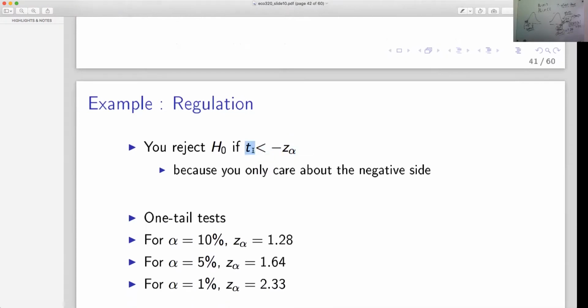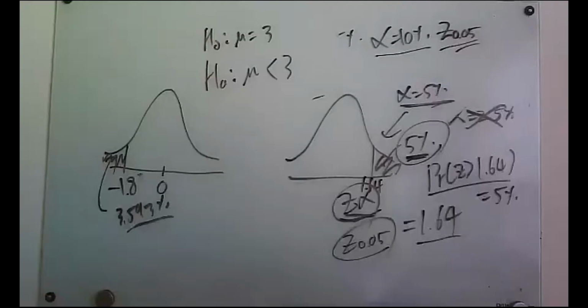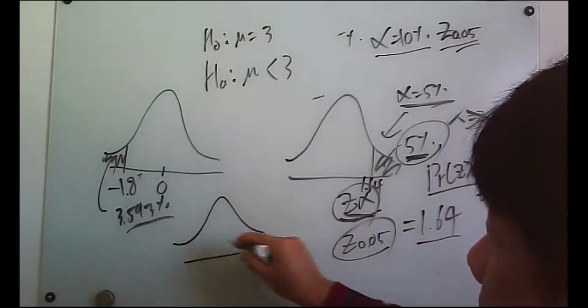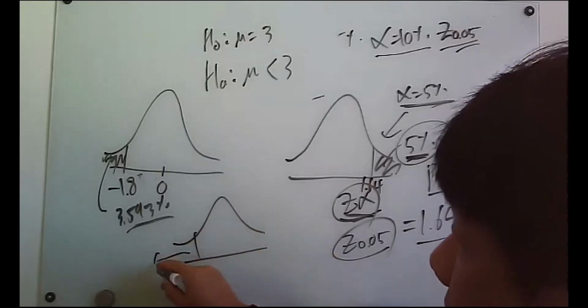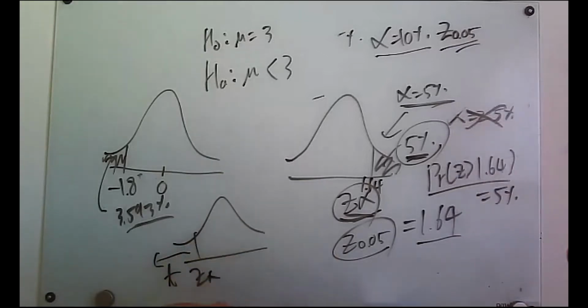If t is outside of this range, graphically speaking, let's say this is your Z alpha level, as long as t is outside of this range, then you are rejecting. But if t is inside, then you don't reject.